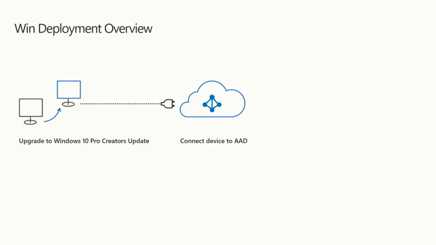That's essentially all you have to do to get the Windows device ready. Under the hood, once these two steps are completed, we automatically activate a new edition: the Windows PC becomes Windows 10 Business. That happens automatically, but we recommend that you do a quick check, and I'll show you how you can do that.